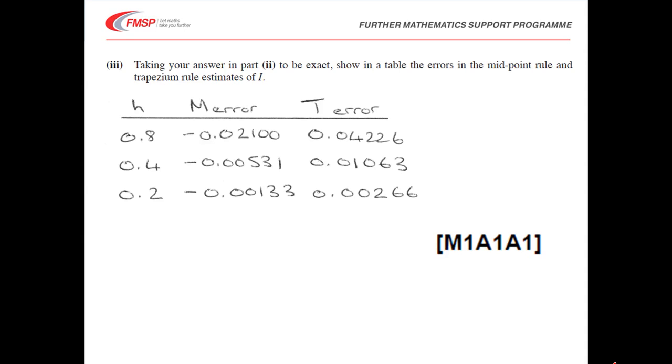I always do it this way around because it makes it clear whether my approximations are too high or too low. Okay, so you get basically 1 method mark and an answer mark for all of your errors in the midpoint, and an answer mark for all of your errors in the trapezium.